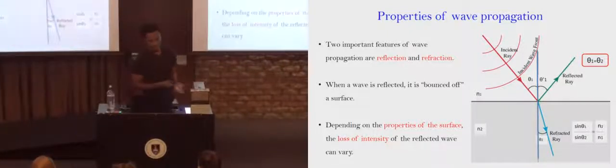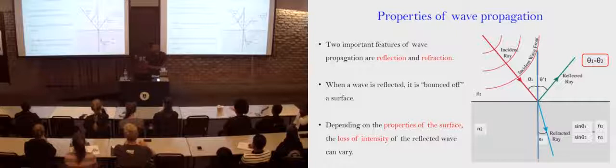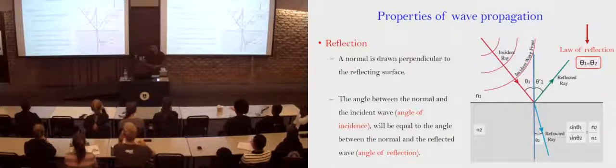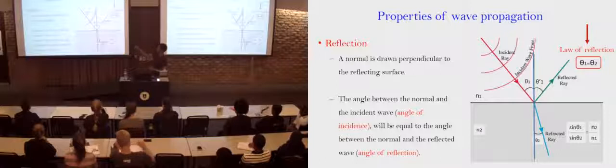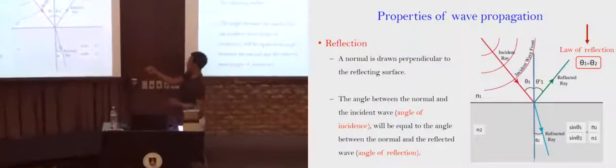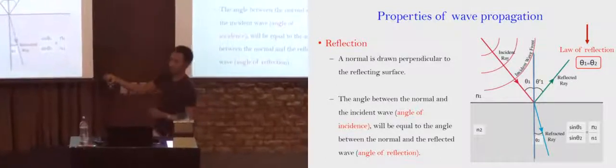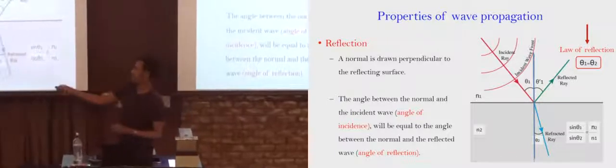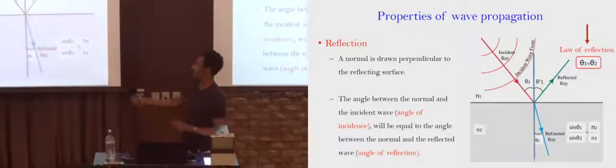There are two laws: the law of reflection and the law of refraction. In reflection, there is a normal line drawn perpendicular to the reflecting surface. This is the reflecting surface, and this is the normal line, which is perpendicular to it.